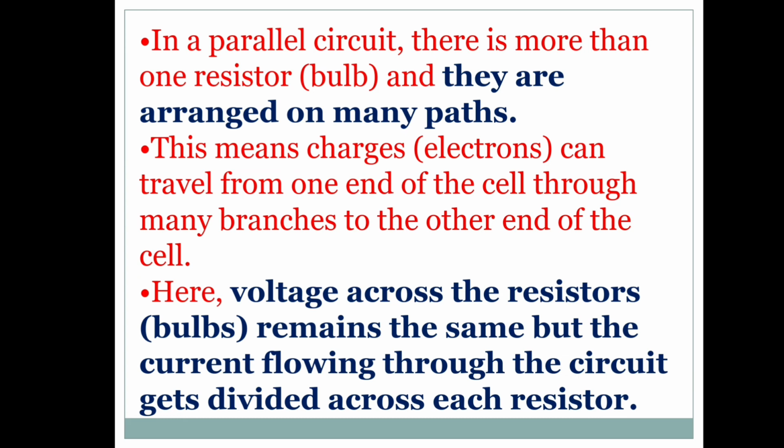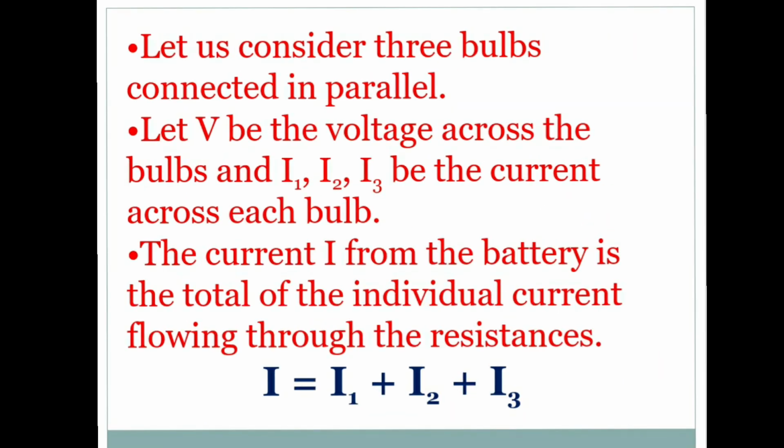This means charges, electrons, can travel from one end of the cell through many branches to the other end of the cell. Here, the voltage across the resistors, bulbs, remains the same, but the current flowing through the circuit gets divided across each resistor. Let us consider three bulbs connected in parallel.